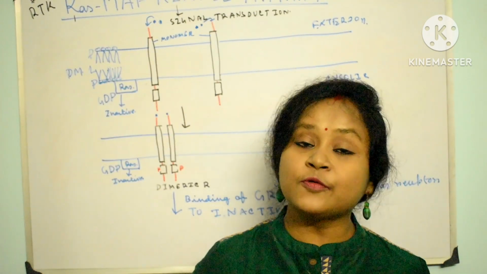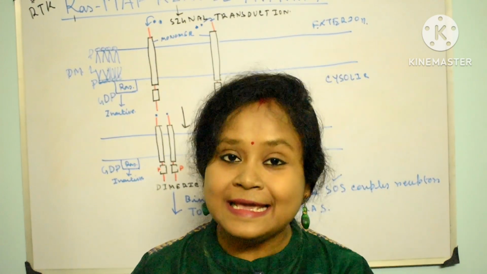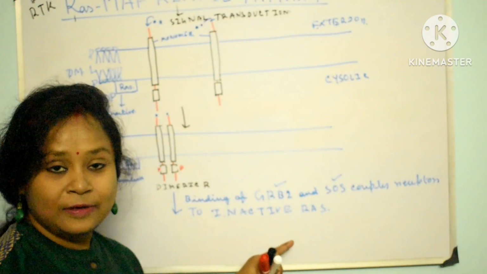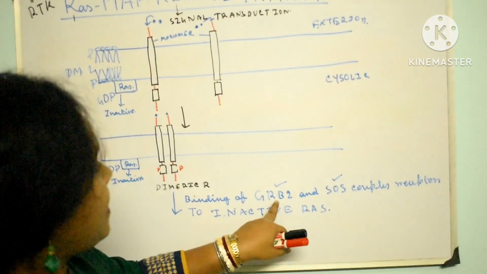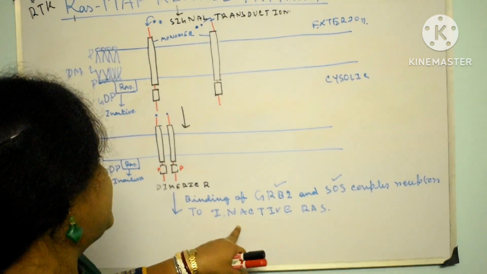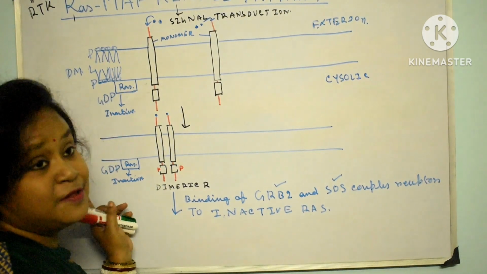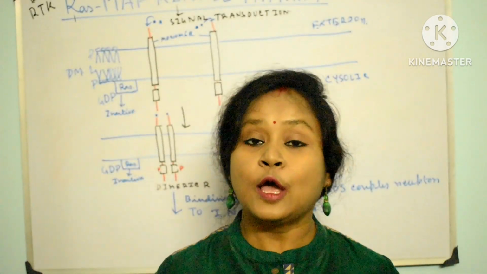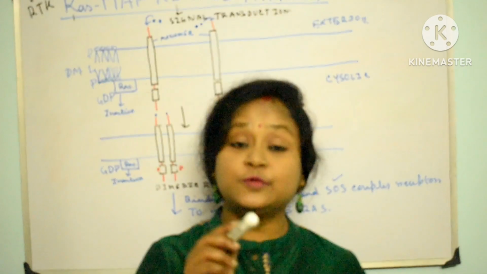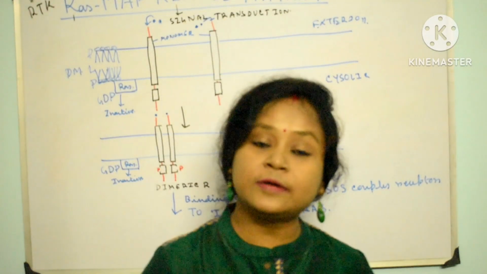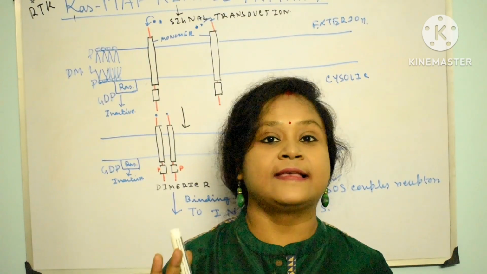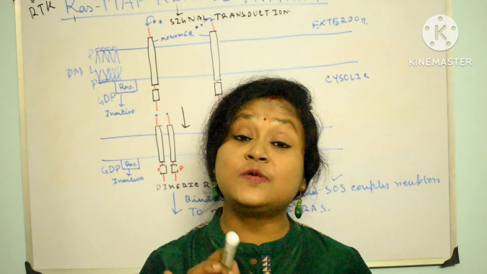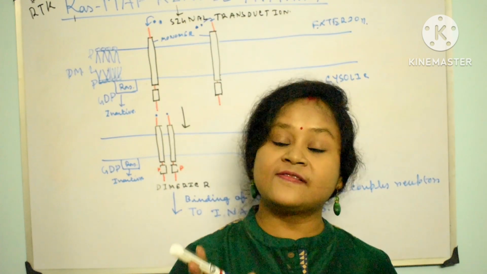Here the cytosolic adapter protein is GRB2. It binds to a specific phosphotyrosine on an activated ligand bound receptor and to the cytosolic GEF SOS protein.